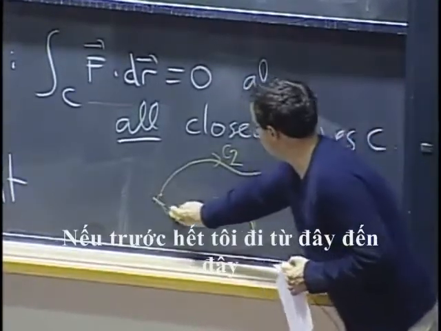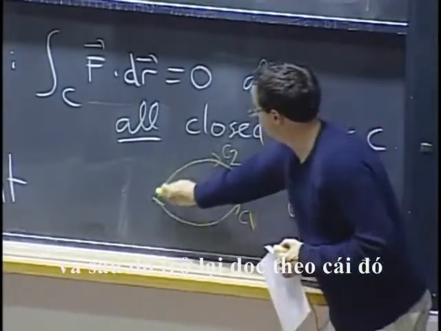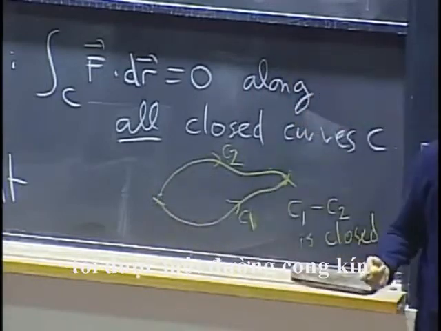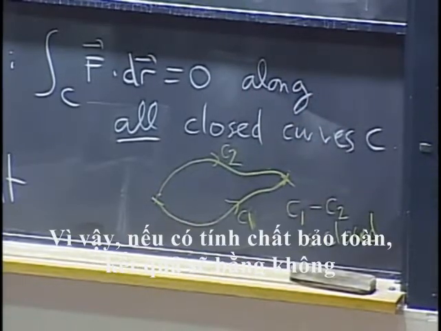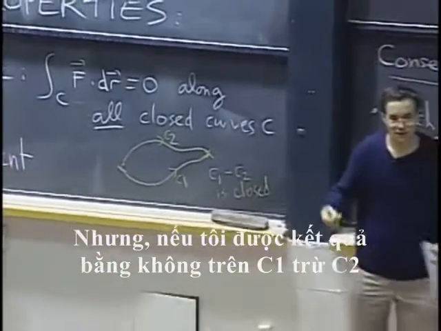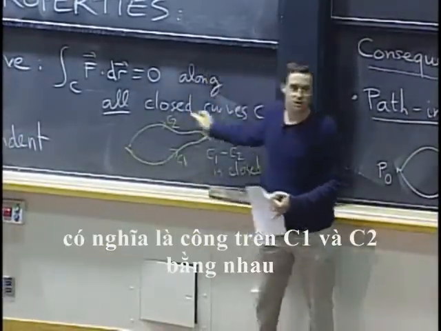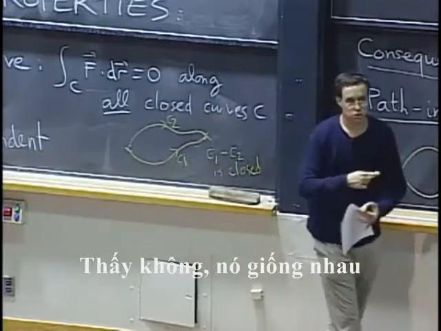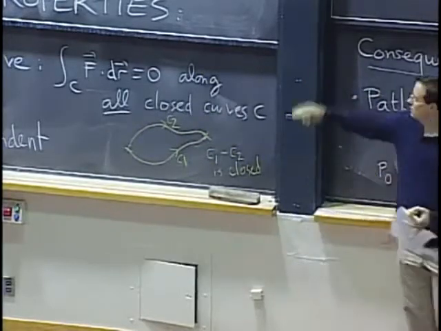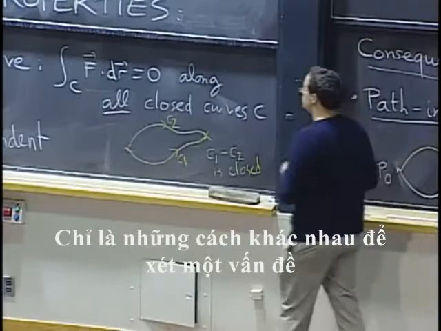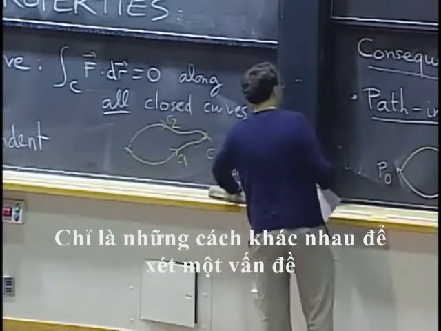Right? If I go first from here to here and then back along that one, I get a closed path. So if I'm conservative, I should get 0. But if I get 0 on C1 minus C2, it means that the work on C1 and the work on C2 are the same. See, so it's the same. It's just a different way to think about the situation.